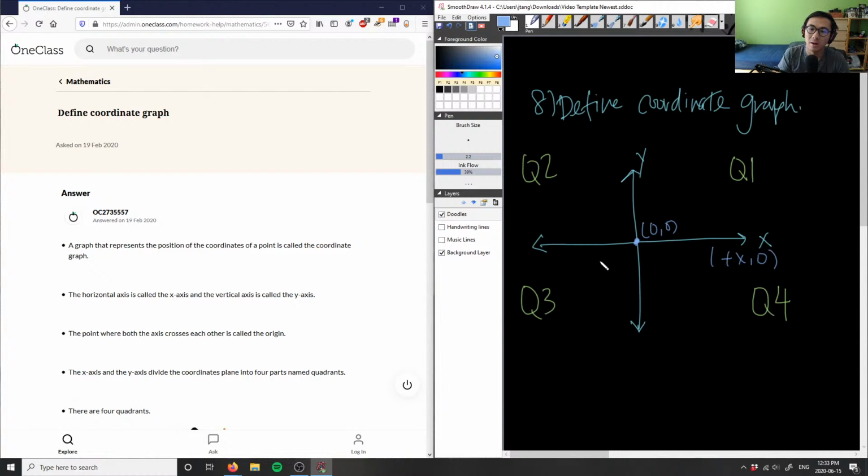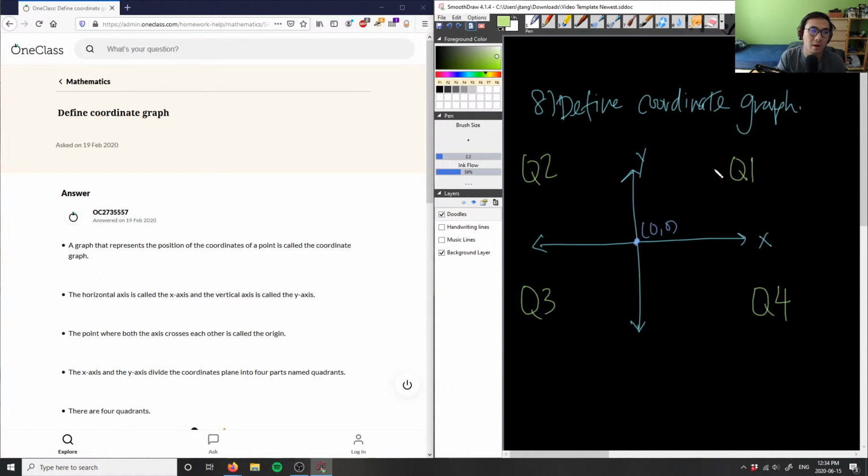If I go further to the left, this will be negative x and 0, and some type of y. Actually, no, let me not put y here. So this would be plus x. Actually, let me do sample points, because sample points are a little bit easier to notice.